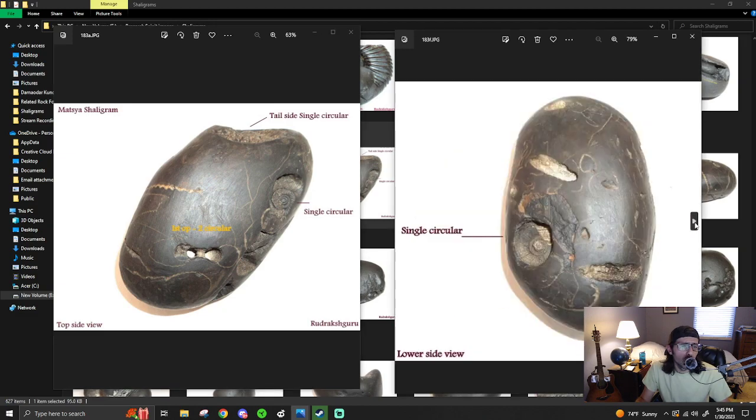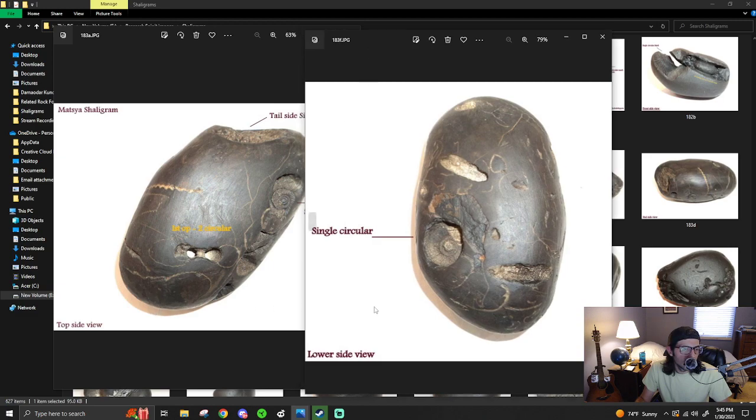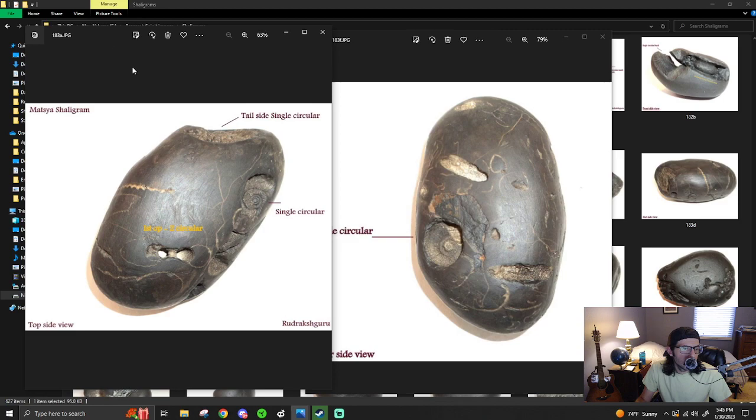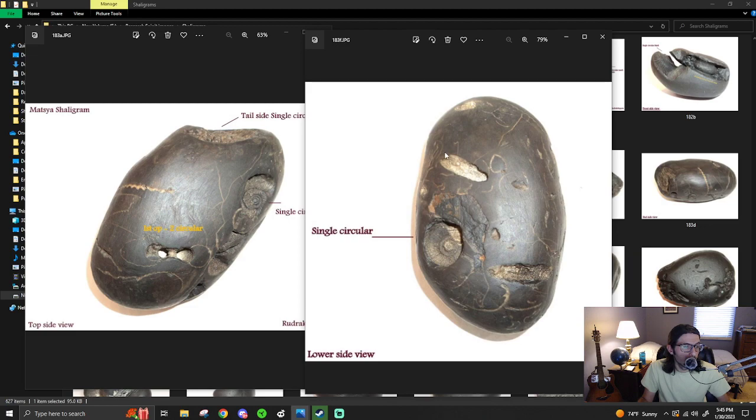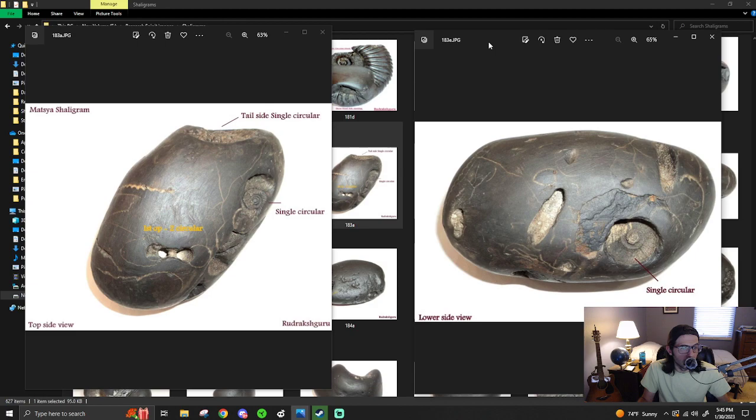I'm gonna do it again, sorry. There we go. Is that even the right side, though? It's so hard to tell. I just don't think it's clear.